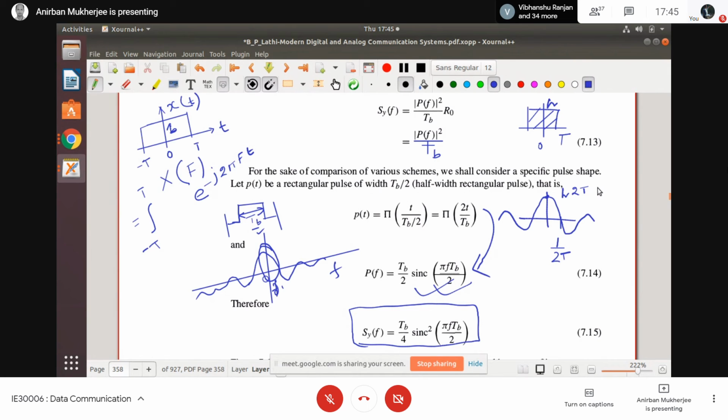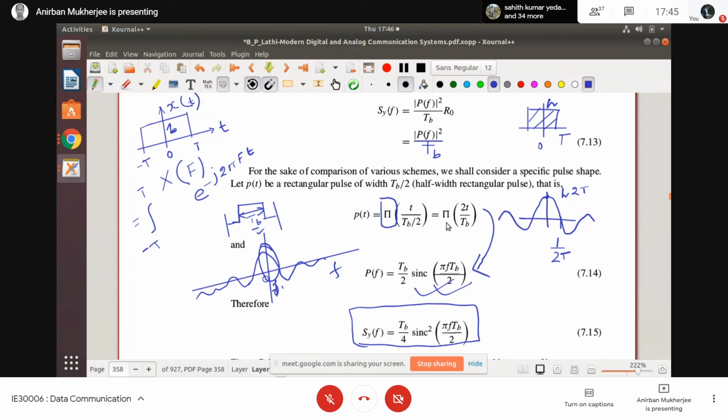In the Lathi book, you see how they have defined this pi function. Pi is a box function, a function of this type. I have forgotten how exactly they defined it, but the basic idea is that it is a rectangular pulse. They have defined it in this way. Nothing great about it; they are writing it in a cryptic way.